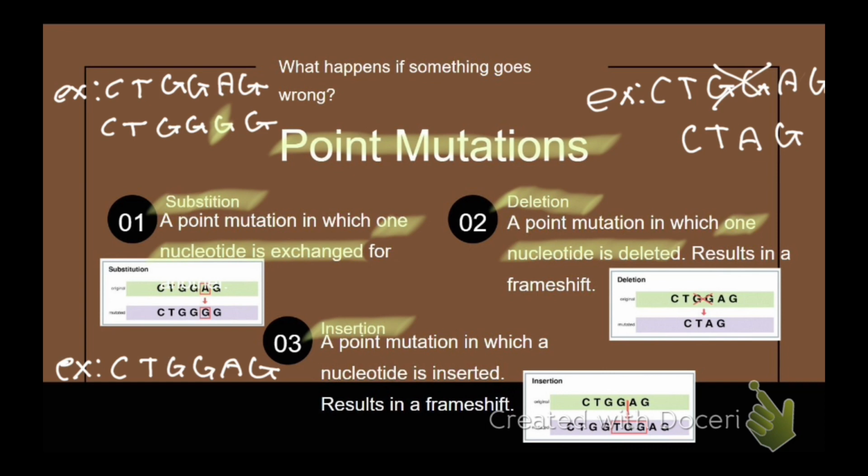This is the original strand, and they said the mutated strand is this. C, T, G, G, T, G, G, A, G. Whoa. That's a lot of extra letters, right? So that tells us that's an insertion point mutation.